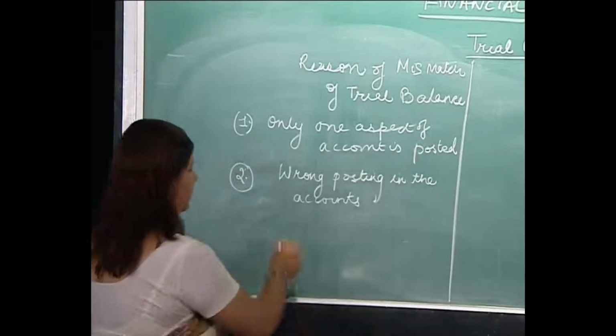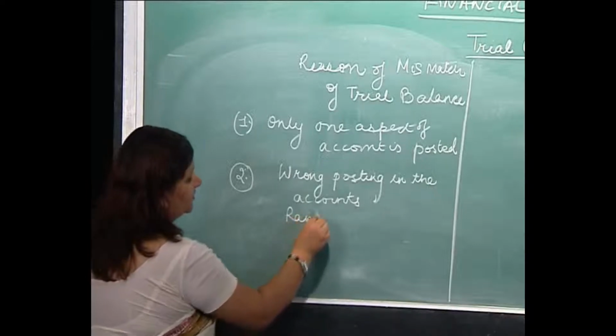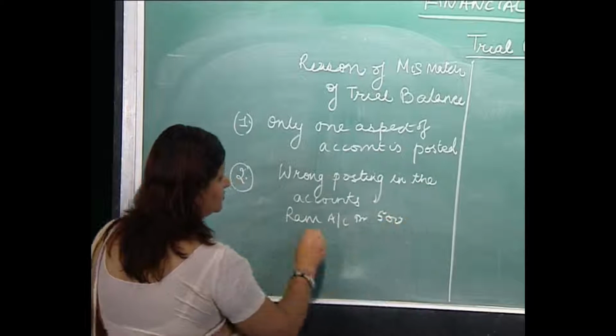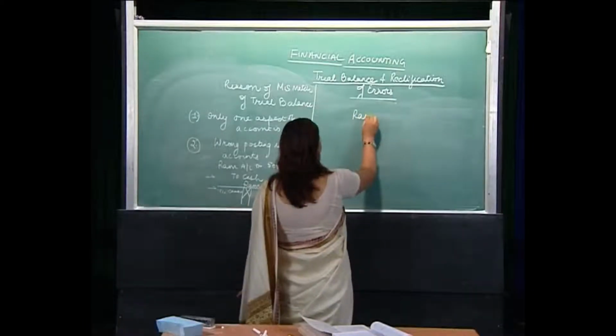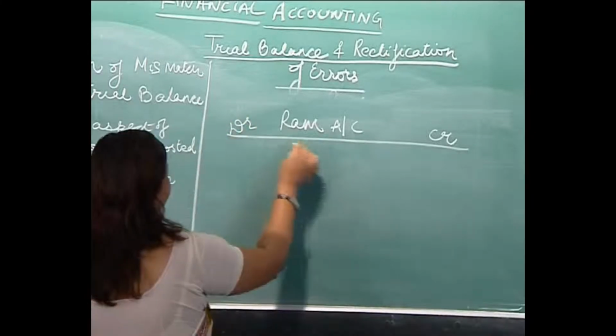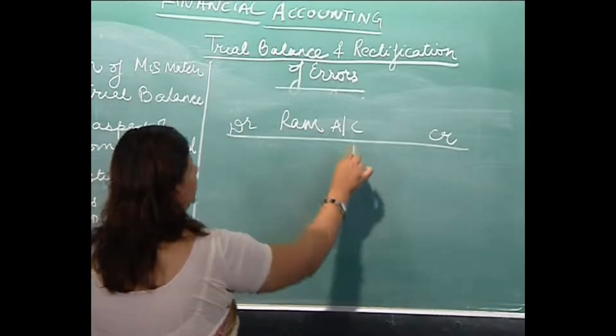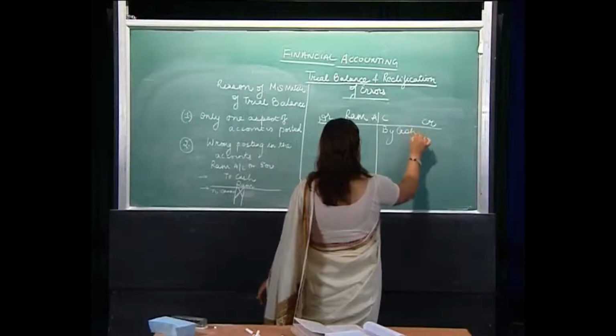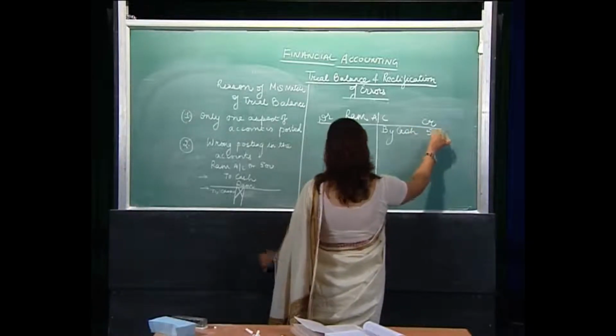For example, we had to post Ram account debit 500 to cash, Ram account debit. Instead of the debit side, that is, we have paid to Ram, but we have done the posting on the credit side as by cash 500.